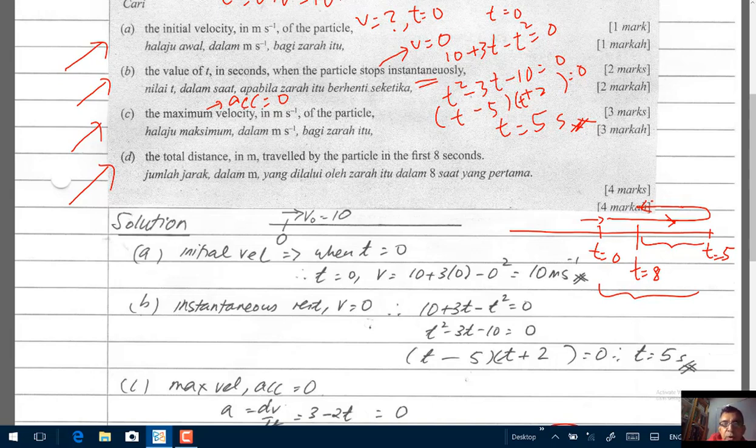So to find distance, you need to find s, which is the integral of v dt.